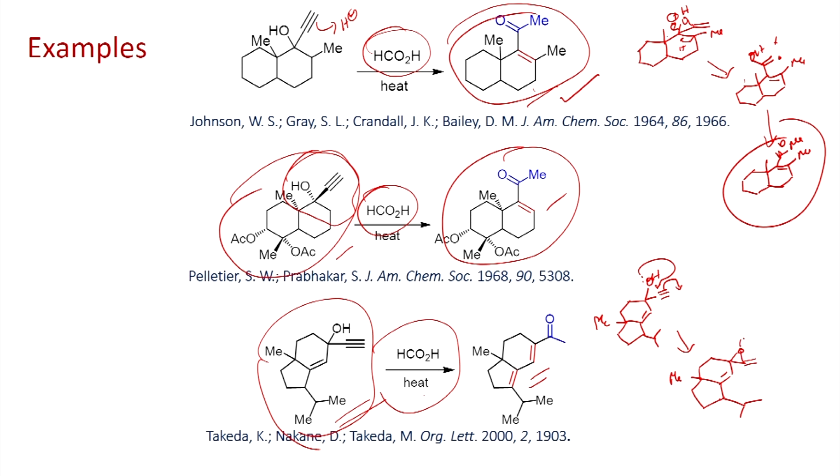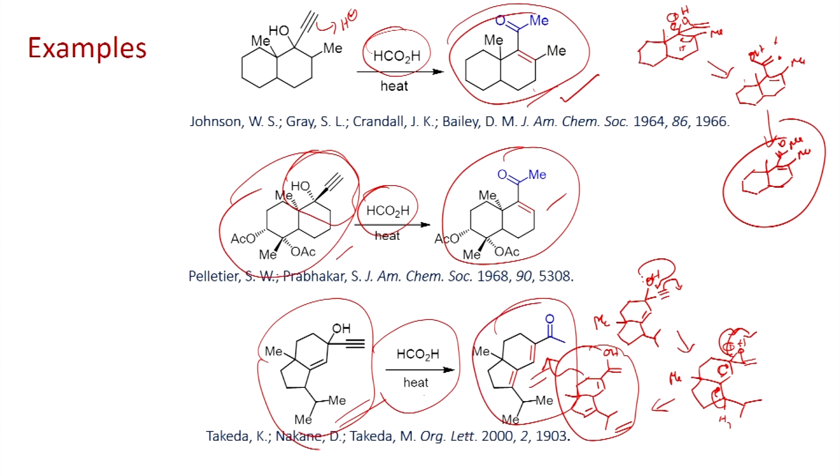Once you form this one, and this can in this system, so removal of this proton, and then this migration takes place, and then you will be able to have this intermediate, which, as we have seen, can undergo keto-enol tautomerization to give this conjugated ketone as the product.